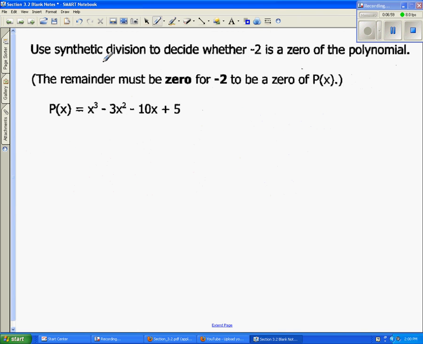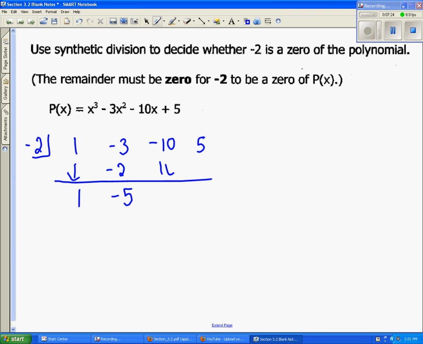So next it says, use synthetic division to decide whether negative 2, this isn't in factor form, it's just negative 2 itself. So it asks us about negative 2, and so we do x cubed, x squared, x, and our constant, drop our first, multiply, add down, multiply, add down, multiply, add down.